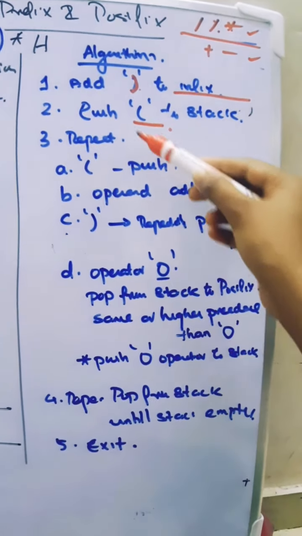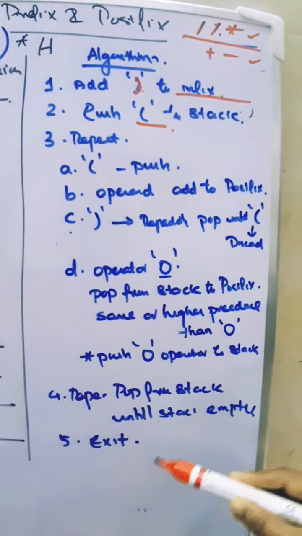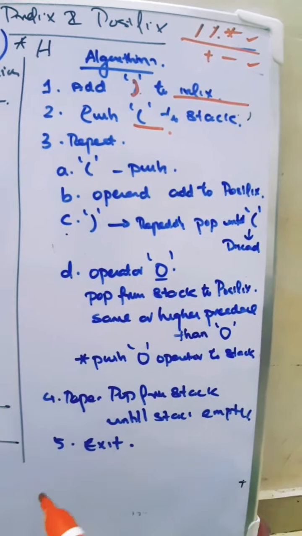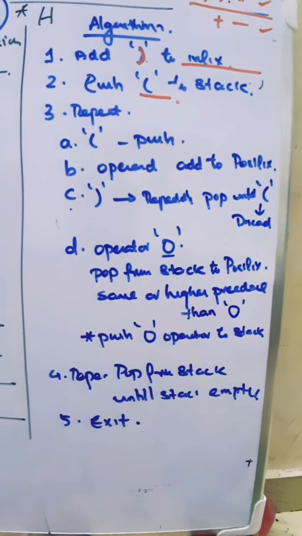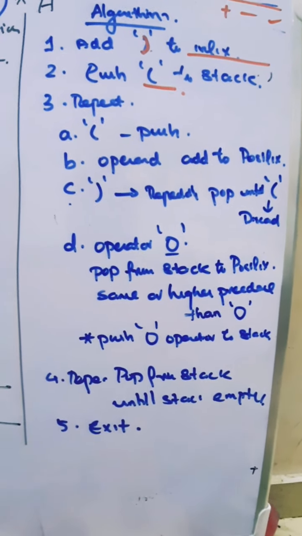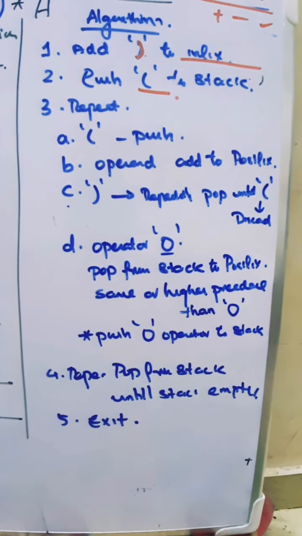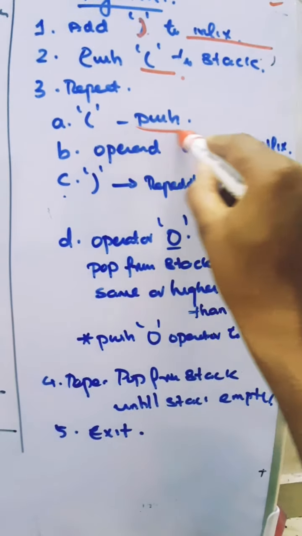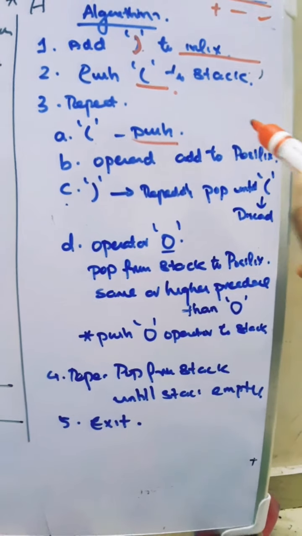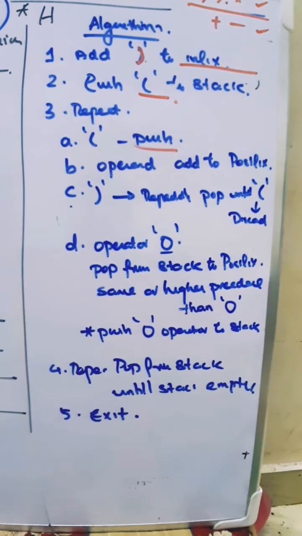Then you have to repeat all these steps until you evaluate the entire infix expression. First one, when you evaluate the infix expression, if the left parenthesis is coming, what you have to do? You have to push that parenthesis to the stack. Okay.